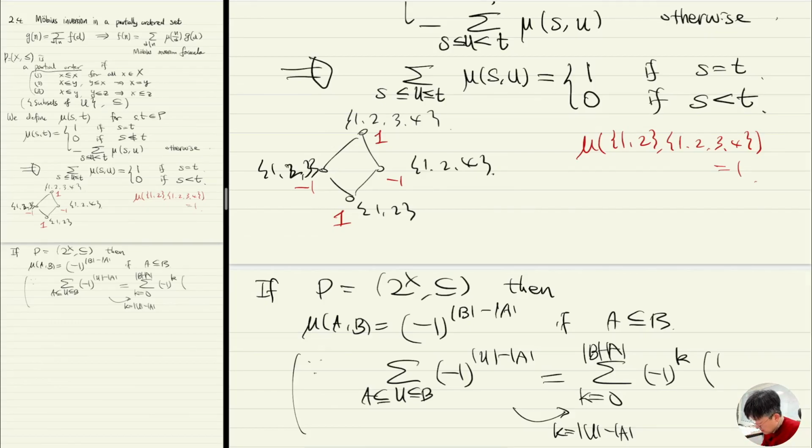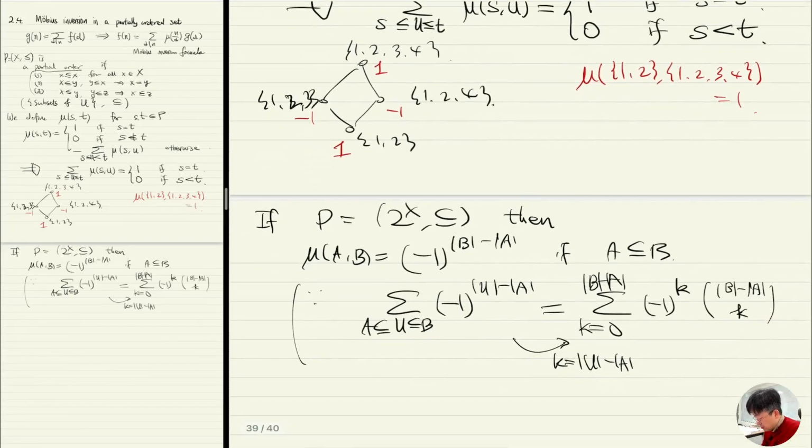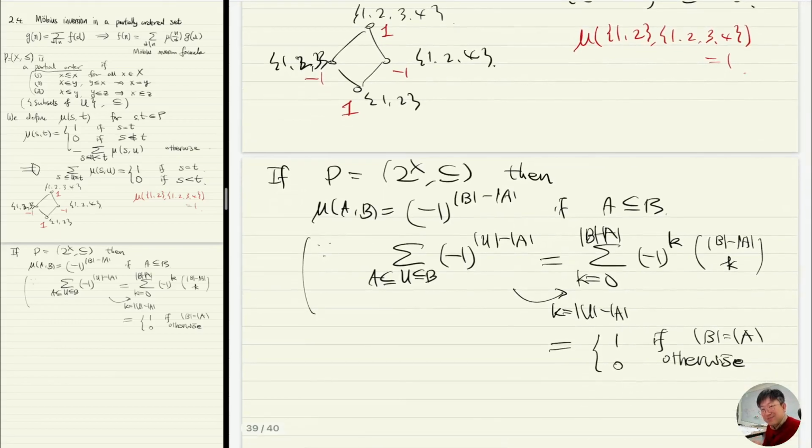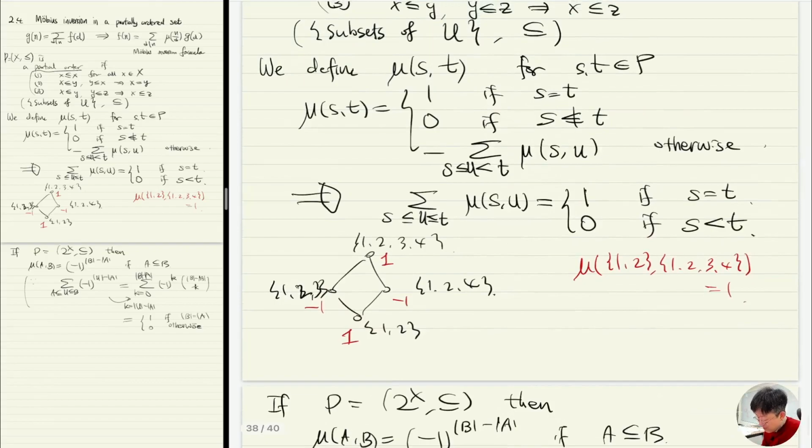It's going to be B minus A choose K. There are that many ways to select subsets where U minus A has size K. And this is going to be 1 or 0 depending on whether B is equal to A or otherwise. If you remember the binomial theorem, this is exactly this. So this function mu is called the Mobius function.